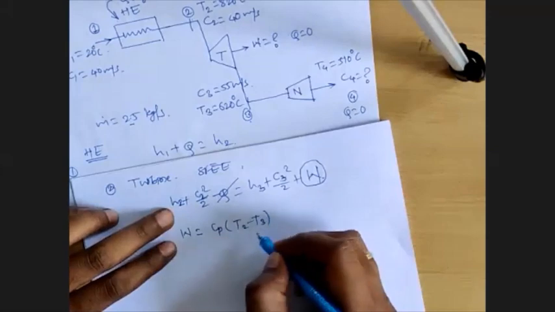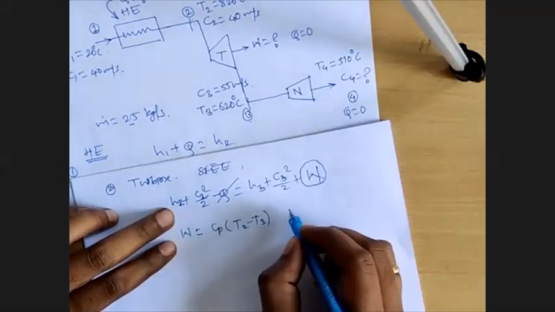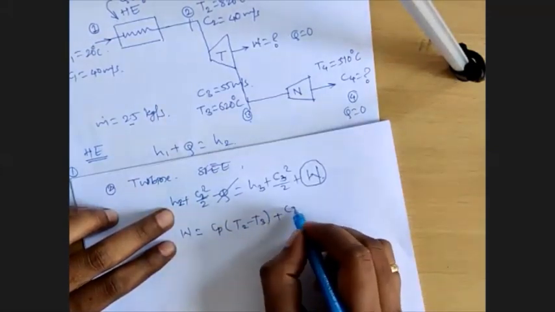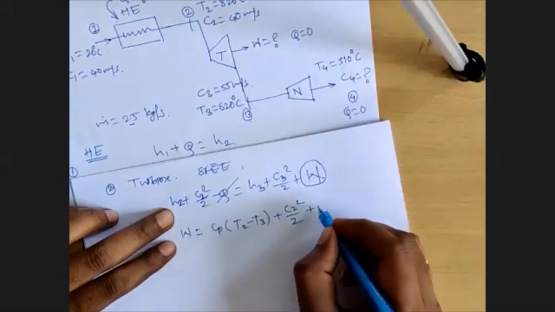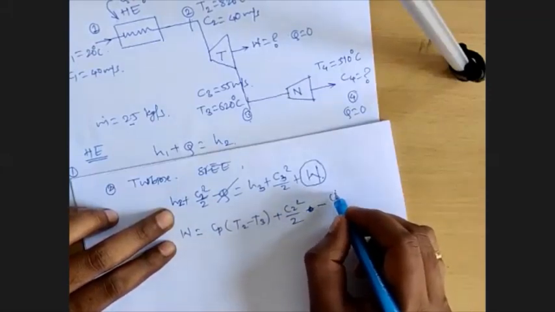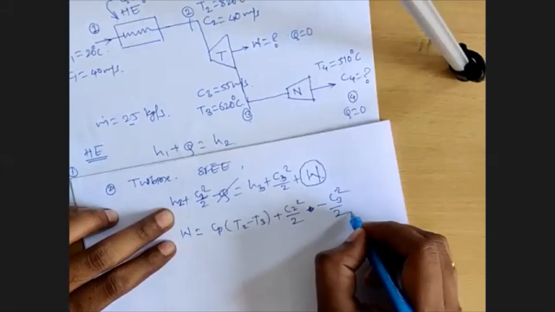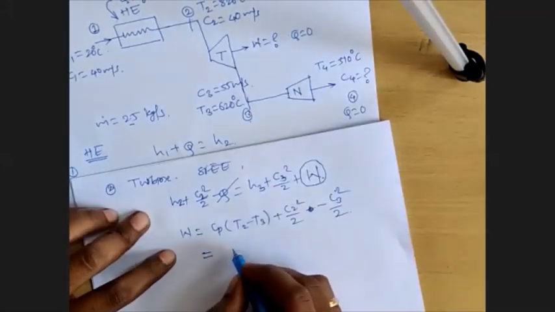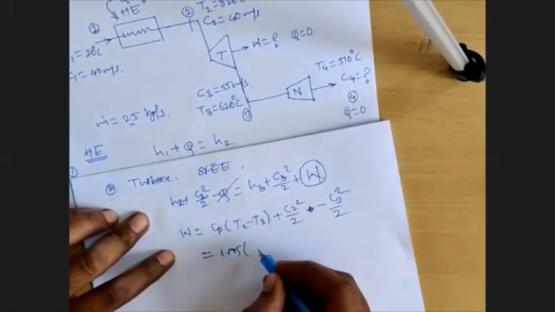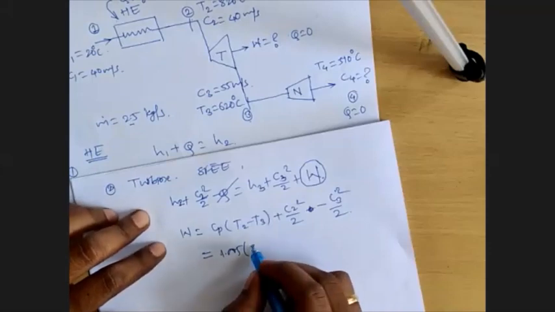So Cp into T2 minus T3 plus C2 square by 2 minus C3 square by 2. Put the values. Cp is 1.005. What is T2? 820.